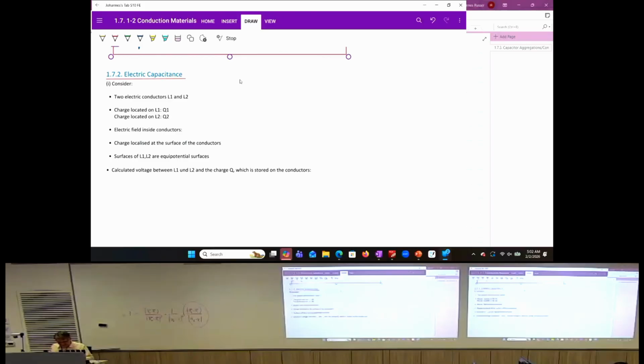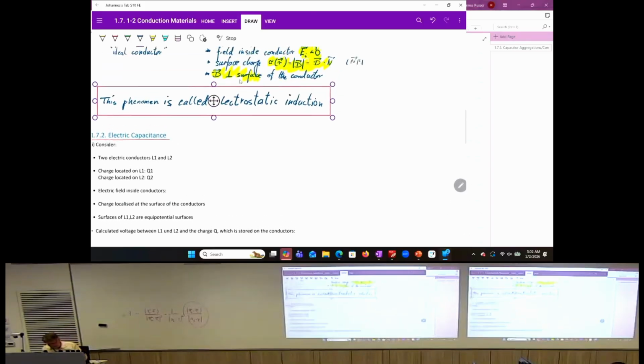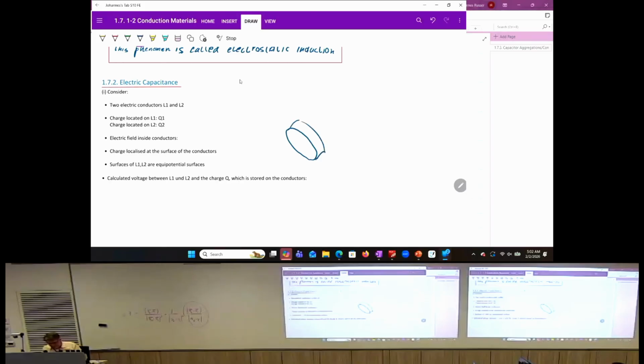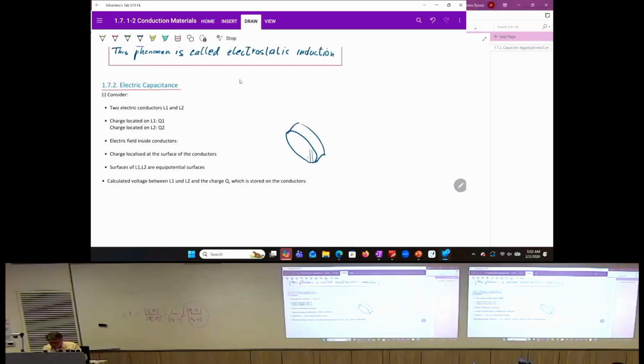So consider we have two electric conductors L1 and L2, and I will graph them for you here. This shall be some disk like that. This is our first conductor L1, and we have here a second conductor. The shape is arbitrary. I'll make here some cube. This is our conductor L2.